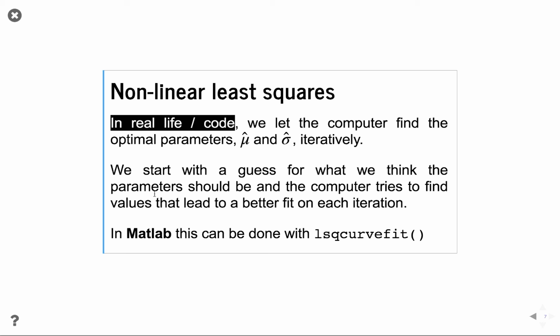We start with a guess for what these parameters should be. So maybe you think it's a reasonable assumption that the mean of your data should be around 0 and the standard deviation should be 1. And then we hand over the problem to an algorithm to find the values that actually best fit the data. And in MATLAB, this can be done with lsqcurvefit, as I will show you in code later.